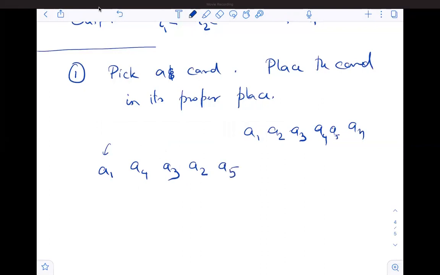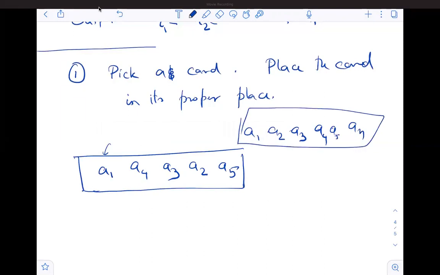So I put A5 here. And so on, right? Every time you are basically maintaining a sorted list, and you are picking elements from this random deck one by one and inserting.